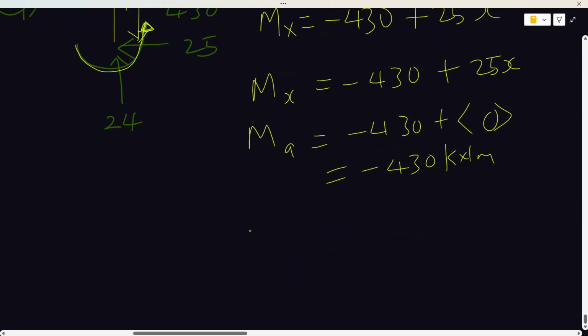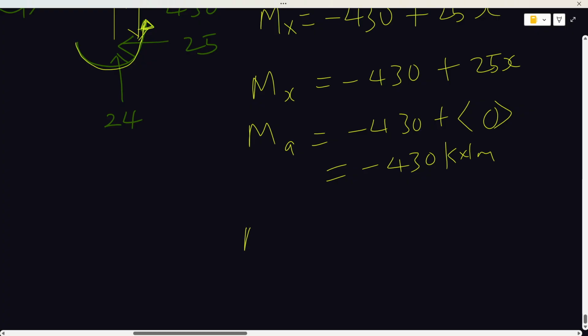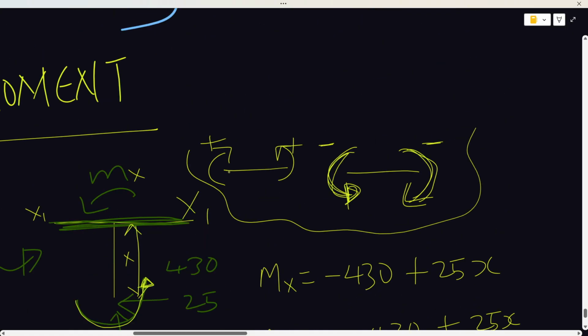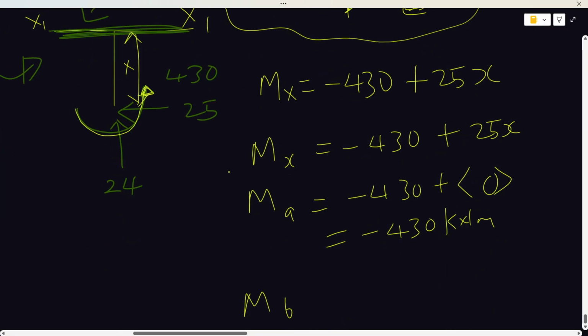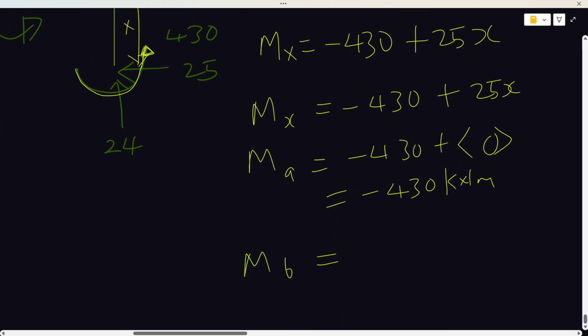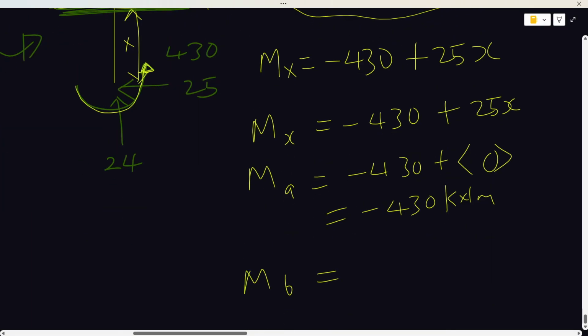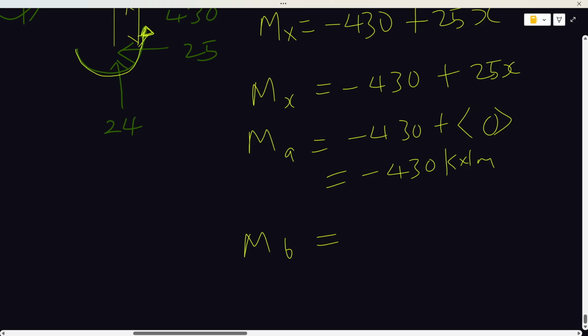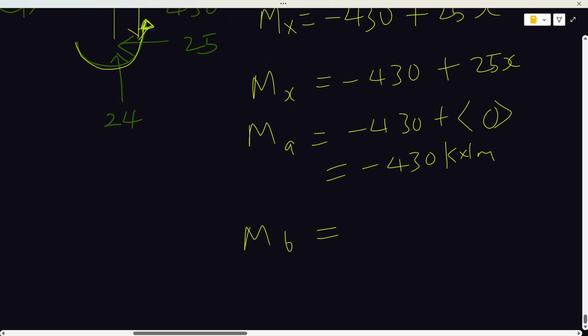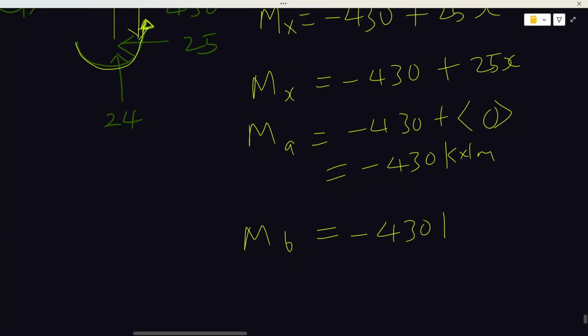Now, it is only in bending moment that you can maybe cut this way. Don't try this for shear force, but you can try it for bending moment. It works. So minus 430, and follow along before I show you.